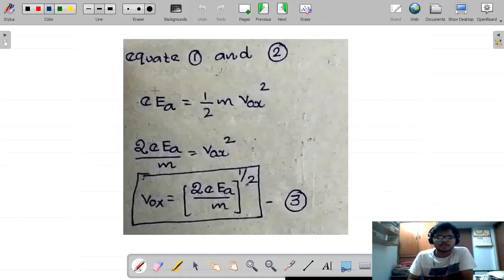Now equate both energies. Q into EA equals half m v naught x whole square. From here shift 2 to the left and m to the denominator: 2Q EA by m equals v naught x whole square. From this, v naught x is given by 2Q EA by m whole power 1 by 2, or simply you can put a root instead of 1 by 2.